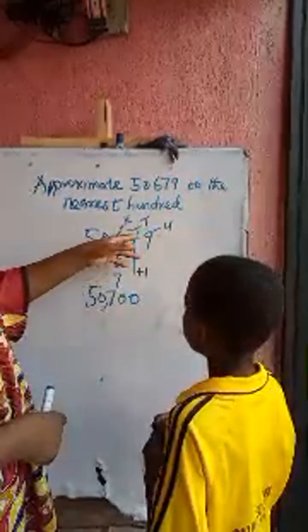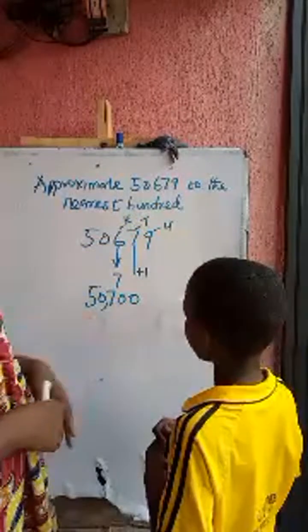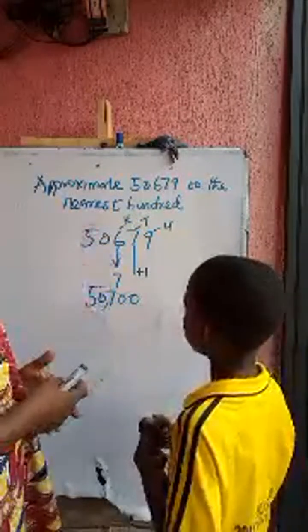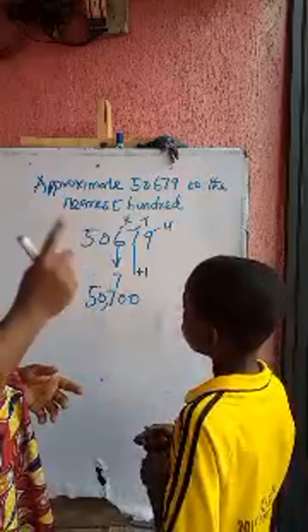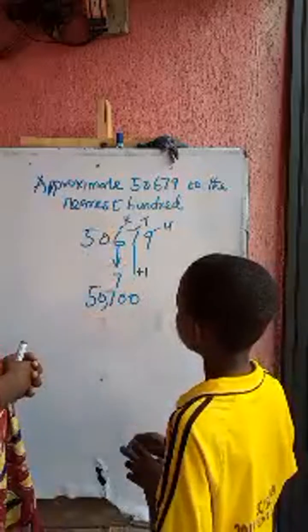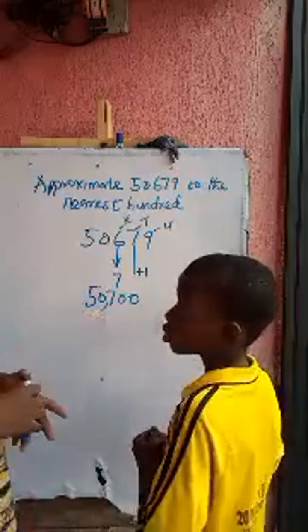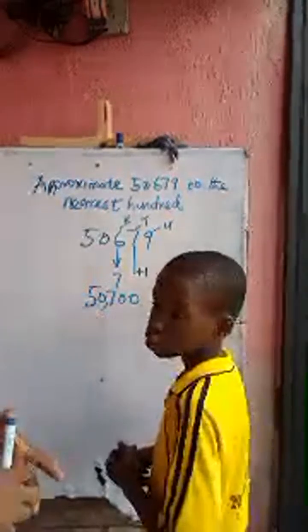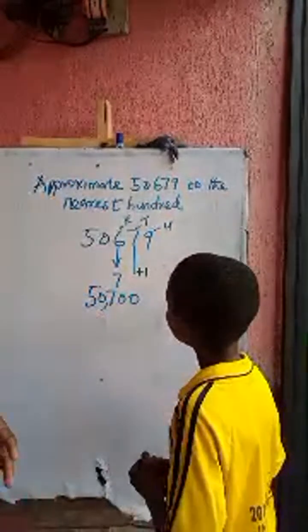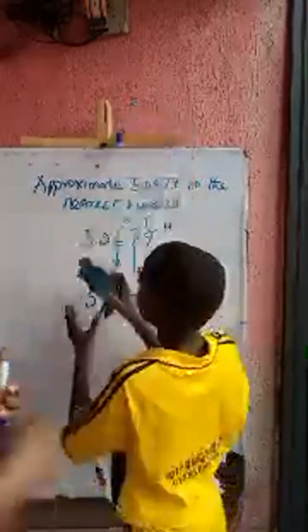But the digit in the tens place, 7, is higher than 5, so we change it to 1 and give it to the hundreds digit, which is 6, giving us 7. And that gives us 50,700. Let's go to our next.